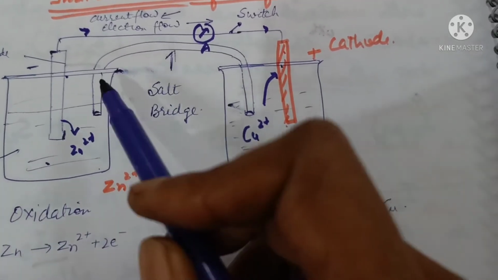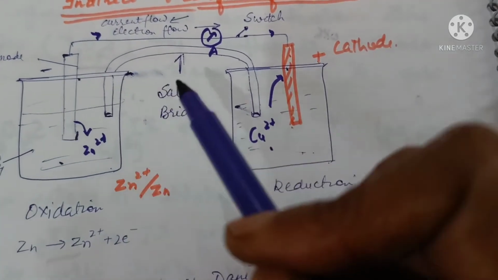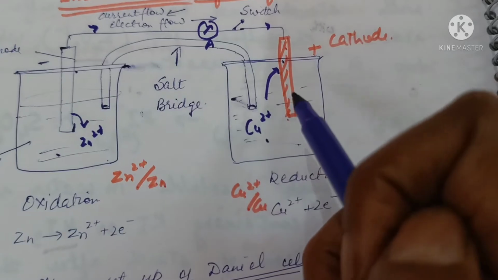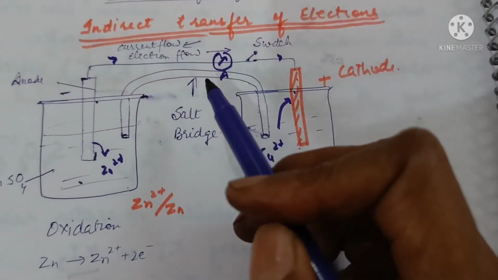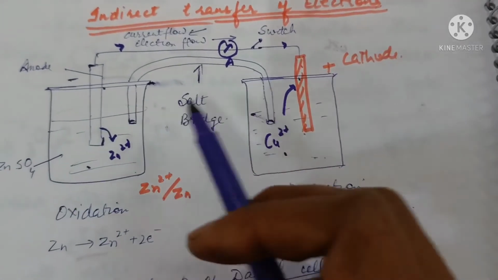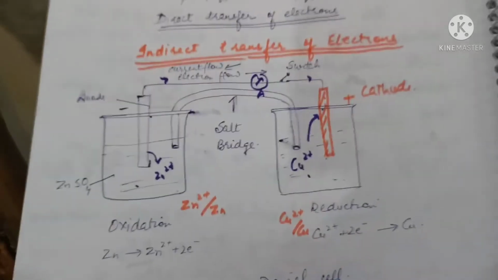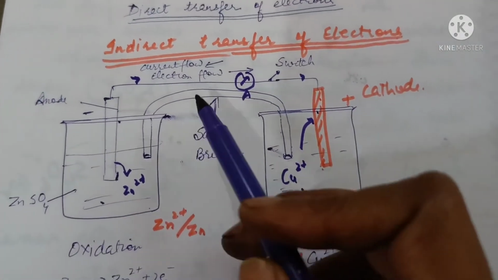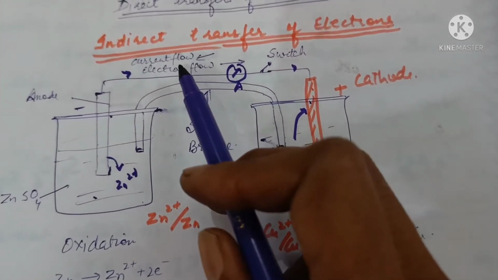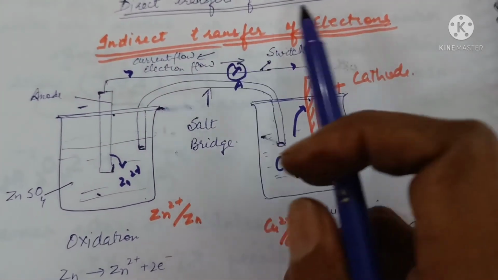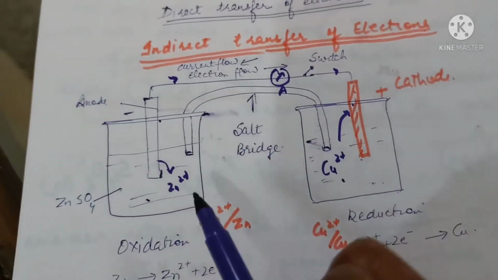It maintains the electrical neutrality of the solution, and it is responsible for the continuous current flow. This cell which is so set up is called Daniell cell. This is setup of a Daniell cell, and here the redox reaction takes place indirectly. The transfer of electrons is indirect through the metallic wire.